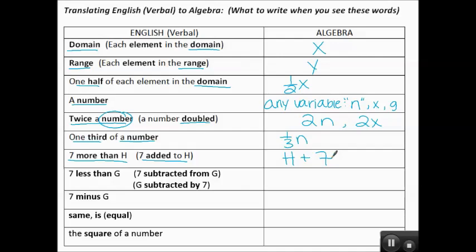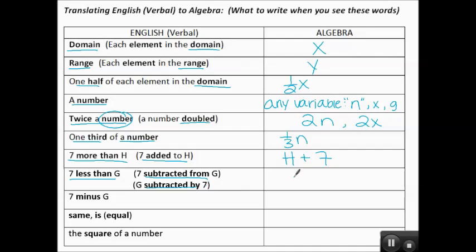The next two can get kind of tricky. Let's look at, we have 7 less than g. This can also be represented by 7 subtracted from g, or g subtracted by 7. Notice how my 7 and my g switched places here. 7 subtracted from g, g subtracted by 7.